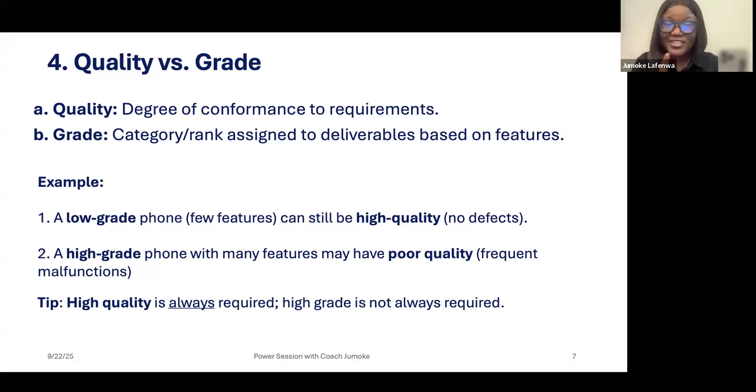High grade is not always required, as in having many features, because if you have high quality, low grade, and it's serving a purpose, it's better than high grade and poor quality, not serving the purpose. So if you have to make a choice, or you have to do a trade-off, or opportunity cost, you will pick high quality over high grade.